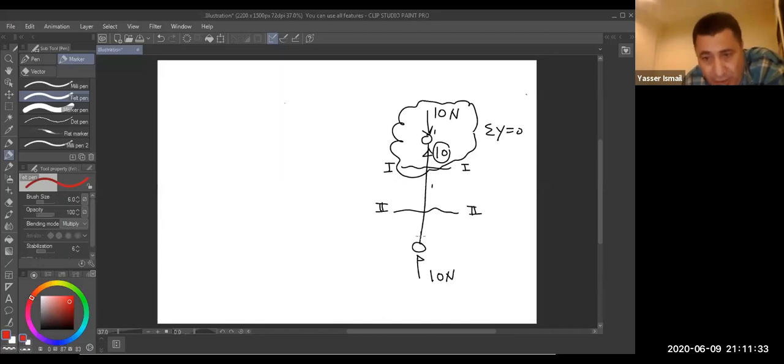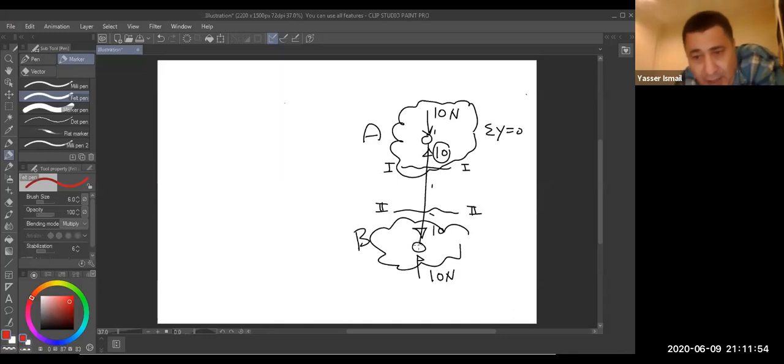Here in this joint, take this joint. The force for sure 100% is 10, because this joint, I'm talking about this joint now, joint A, joint B, joint A, balance, sigma y is equal 0, the force in this direction, yes. And here, joint B, sigma y is equal 0, okay, that means this direction.